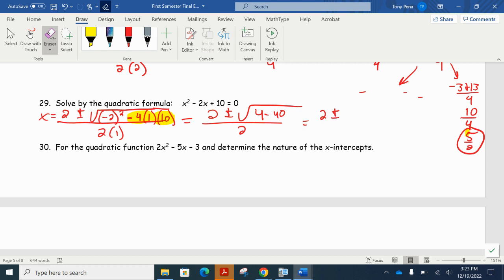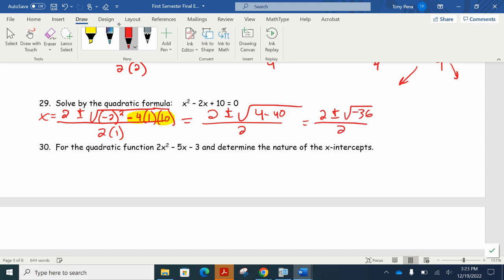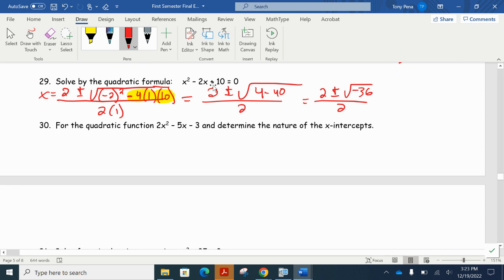All right, so let me erase these. All right, and then we end up underneath with a negative 36, and then all over 2. So again, this is what we just got done wrapping up. We're going to get 2 plus or minus, and then we had those negative radicals. We'd always do the number and then take the negative out with just a negative 1.